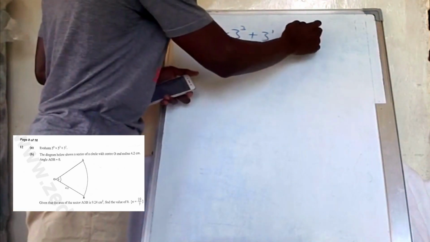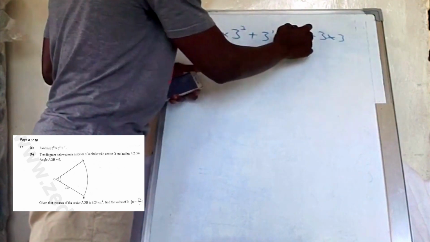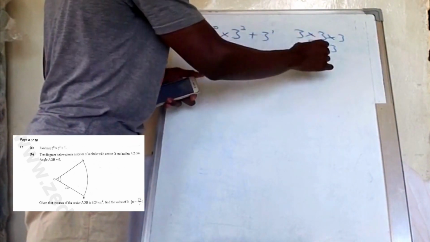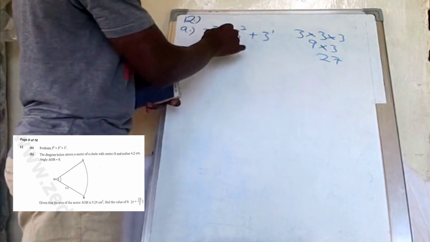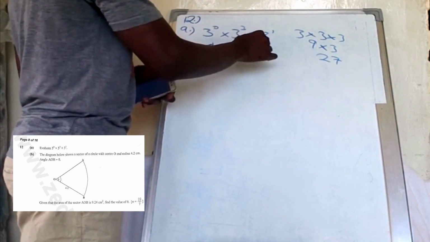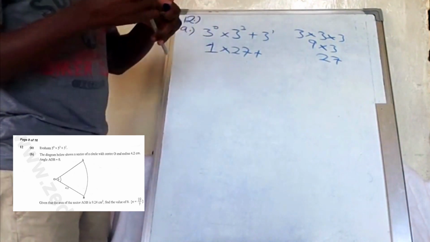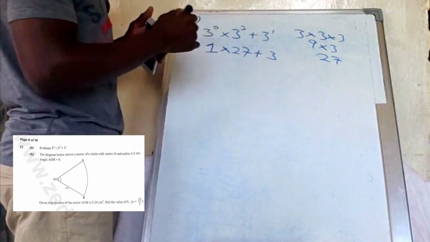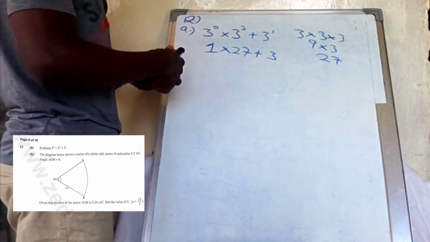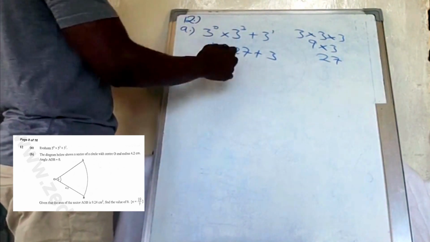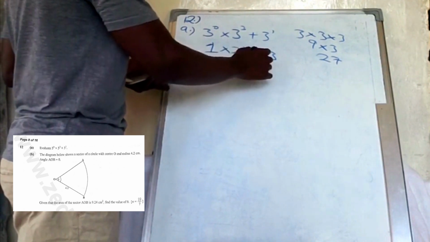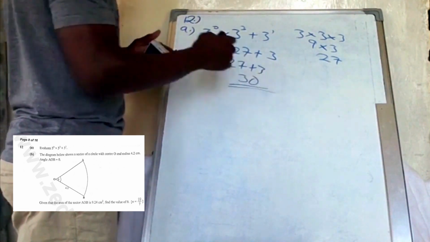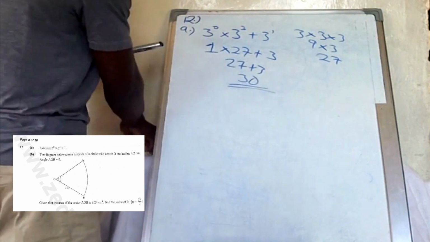It's simply 3 multiplied by 3 multiplied by 3. 3 multiplied by 3 will give us 9, multiplied by 3 will give us 27. So this is simply 27 plus 3 to the power 1. Any number raised to the power 1 is the same number, so this is simply 3. So 1 multiplied by 27 is 27, plus 3. 3 plus 27 is 30. So this is quite simple and straightforward.